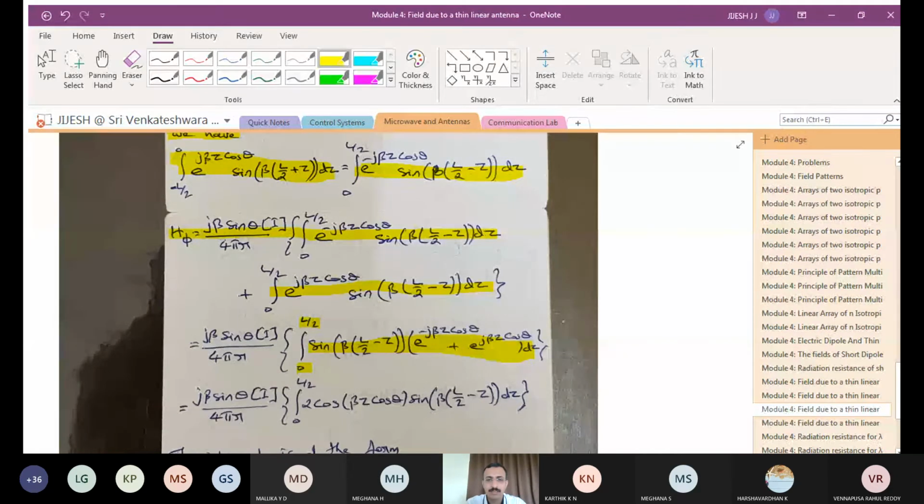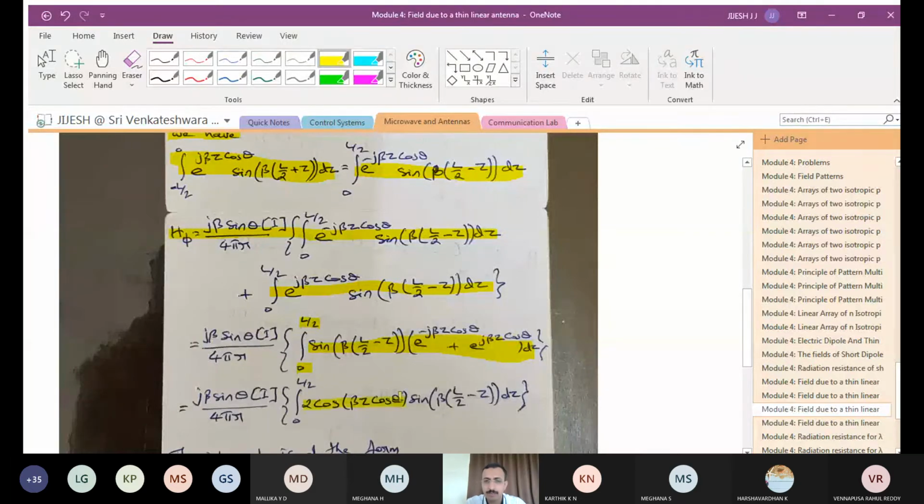You can complete it here, and then we have to continue further. All of you know that e to the power of minus j beta z cos theta plus e to the power of j beta z cos theta can be written as 2 times cos of beta z cos theta.